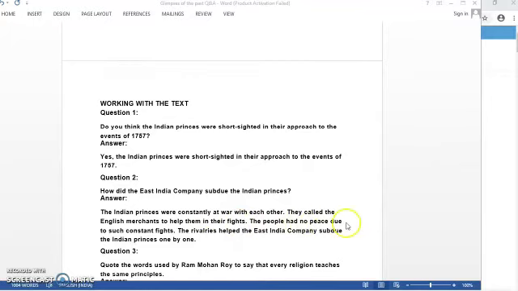The people had no peace due to such constant fights. The rivalries between Indian princes helped the East India Company subdue the Indian princes one by one. And gradually, East India Company spread its power over the whole country.